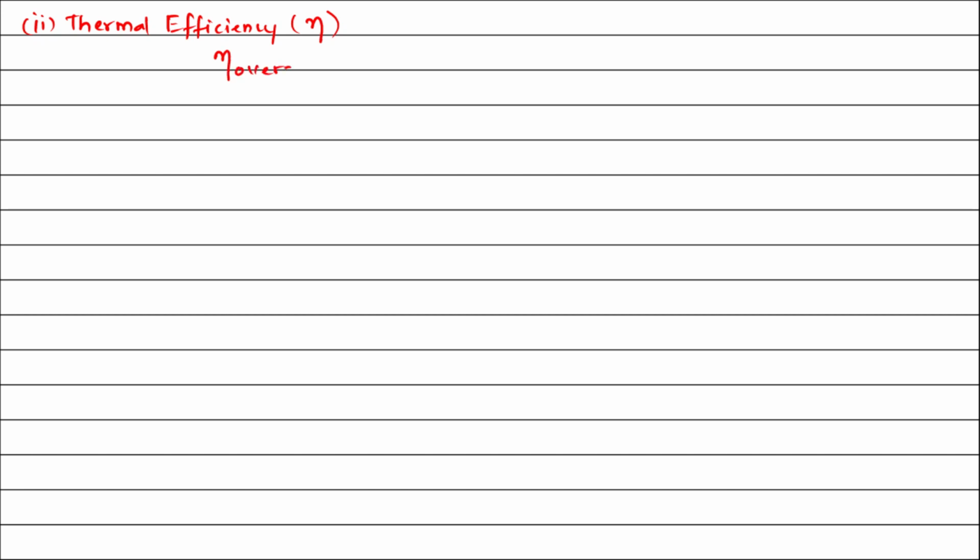Here I'll have to look for the overall efficiency. So efficiency overall equals ma into (h1 minus hf1) divided by the calorific value. Why am I taking hf1 directly?